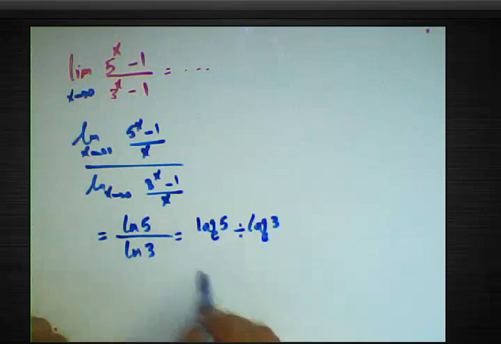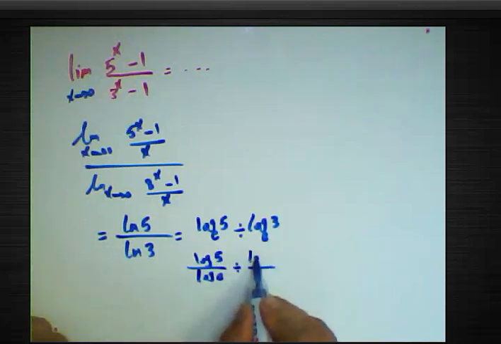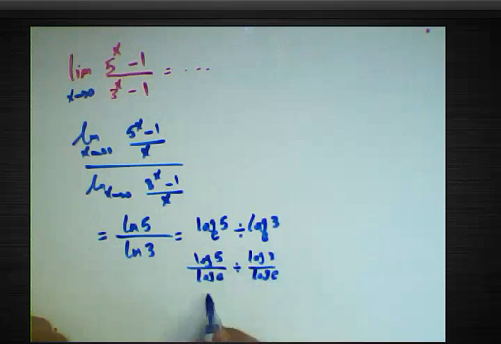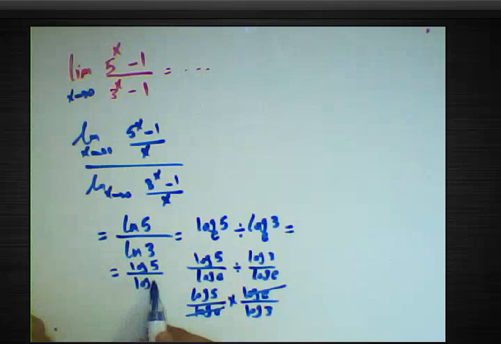Then you can write log 5 over log e divided by log 3 over log e, which is log 5 over log e multiplied by log e over log 3. We can cancel log e by log e, so the result will be log 5 over log 3.